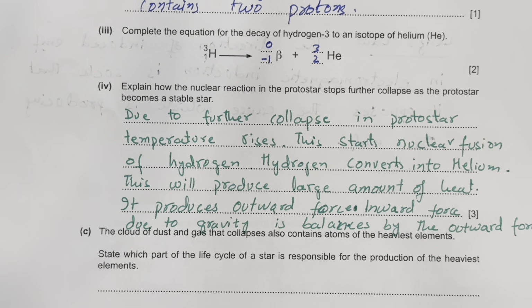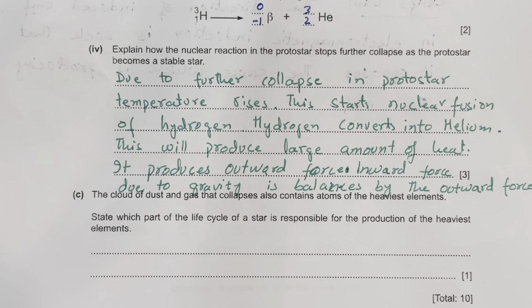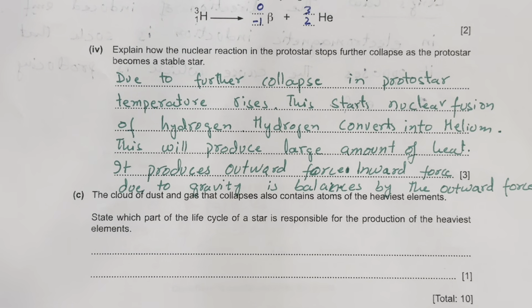Okay, C part. The cloud of dust and gas that collapses also contains atoms of the heaviest element. State which part of the life cycle of a star is responsible for the production of the heaviest element. So we know that red supergiant explodes as supernova.